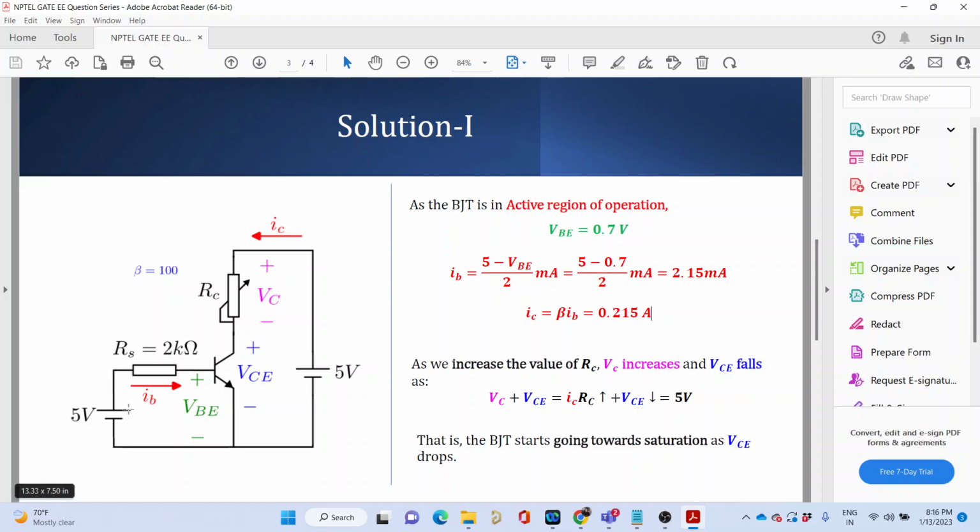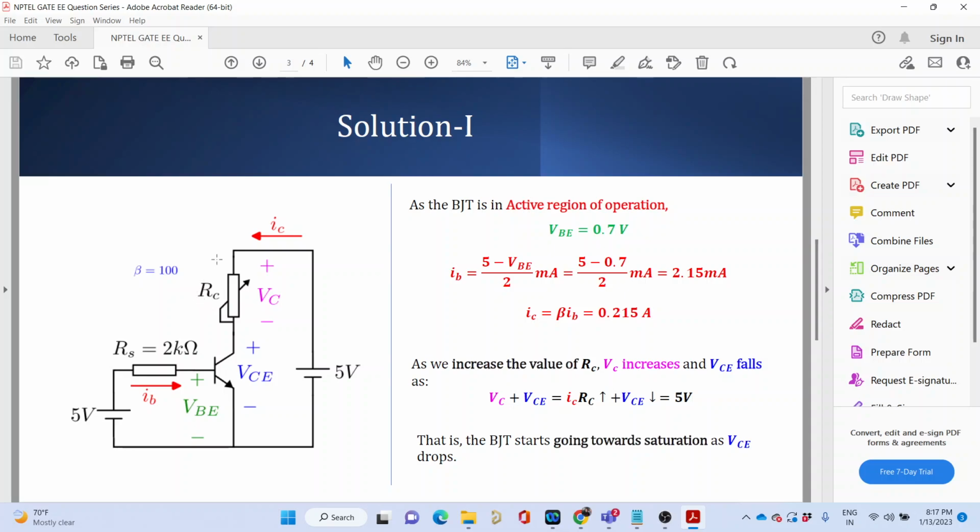At any cost, this current IB is constant because KVL in this loop has to give a constant value. This voltage 5 is not changing, VB is not changing. So 5 minus 0.7 divided by 2 kilo ohm is constant, IB is constant. The only thing I am doing is changing the resistance RC.